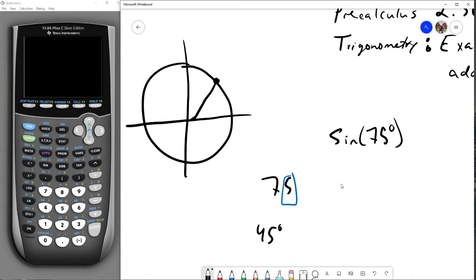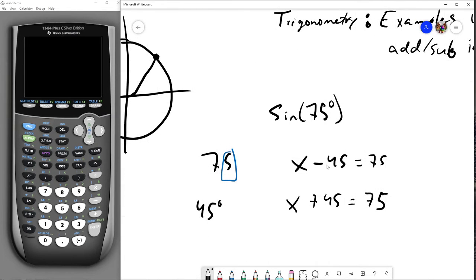Okay. So, in other words, I could think of it this way. What minus 45 gives you 75? Or I could think what plus 45 gives you 75. Let's see what that does. So if we were to take 75 plus 45, that tells you that x is 120.